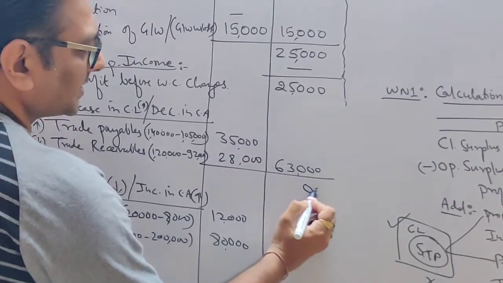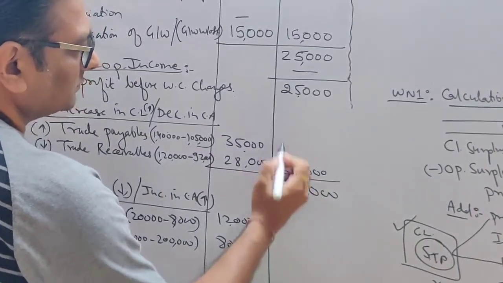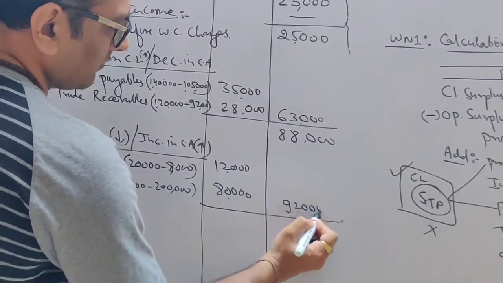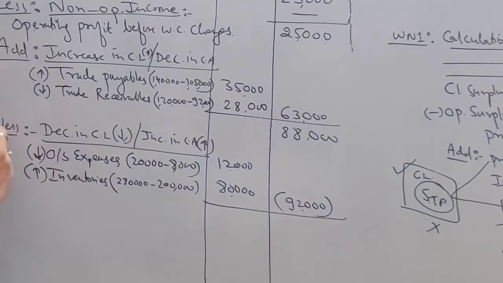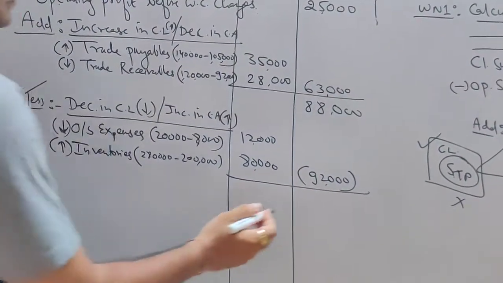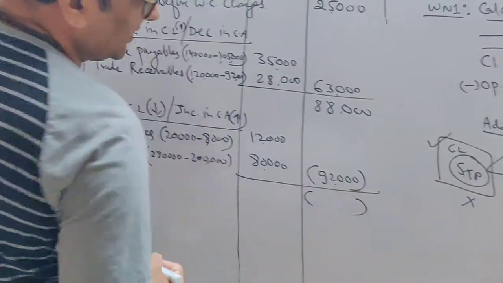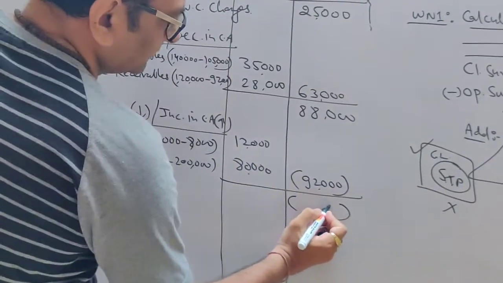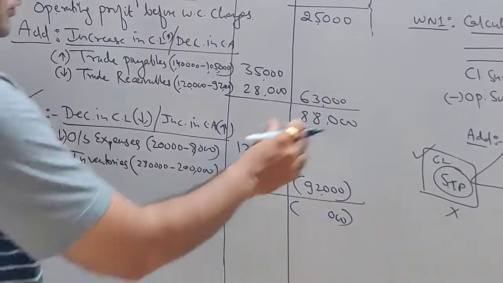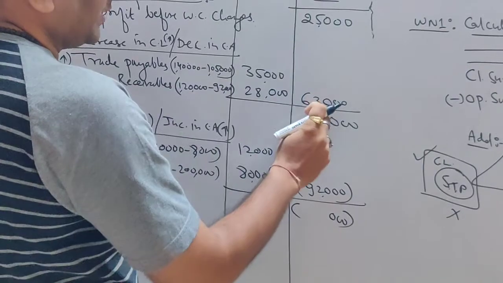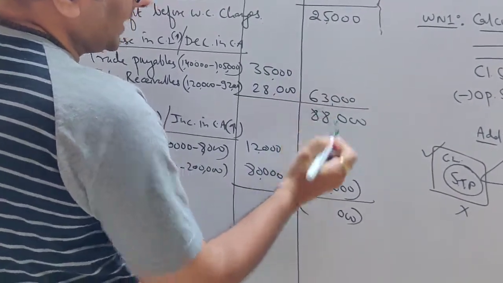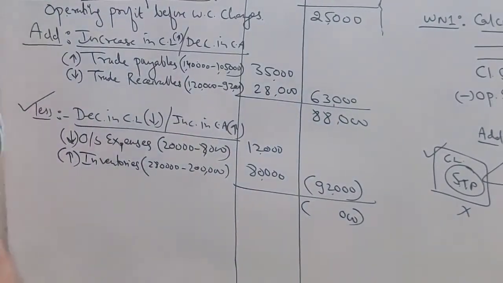63 you have to add in this. 92,000 you will have to subtract it. So 92,000 you have to minus from this. It's a negative answer. 5 plus 3, 8. 6 plus 2, 8. 88. 88 minus 92.